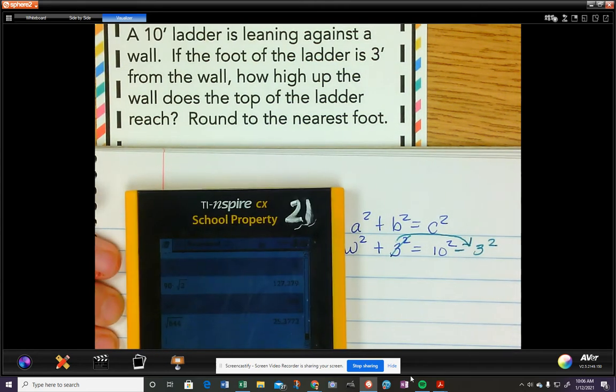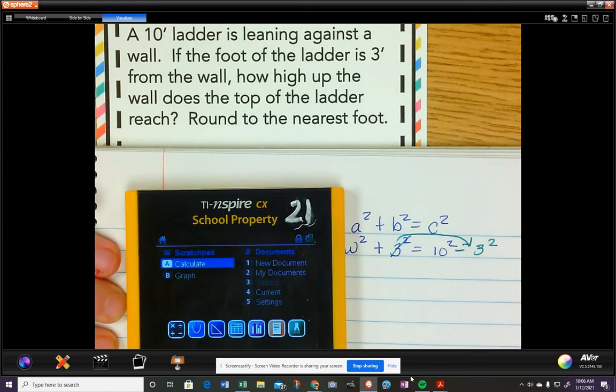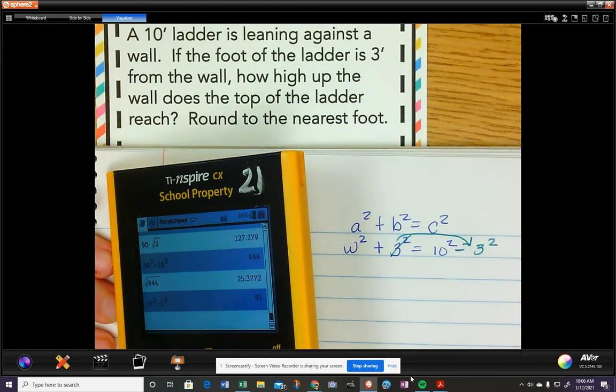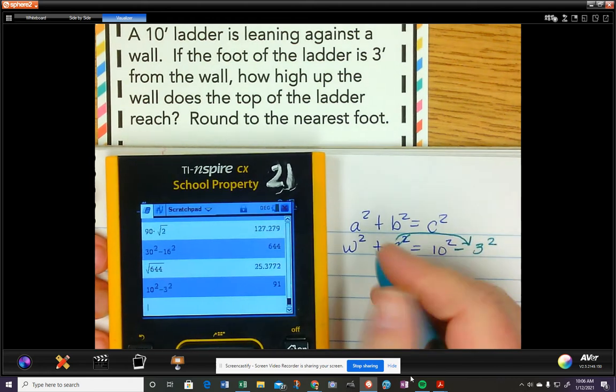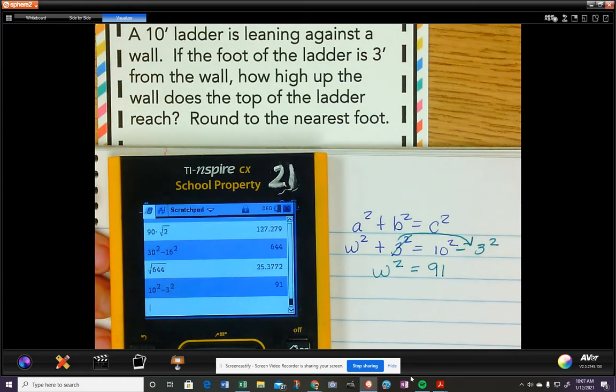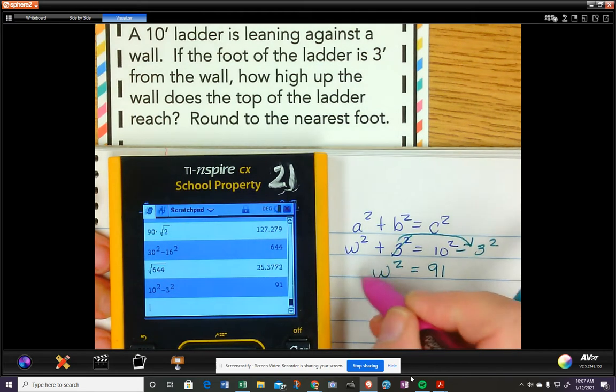Take my calculator. And I'm going to type in 10 squared minus 3 squared. And I get 91. So w squared equals 91. And I want to take the square root of both sides.